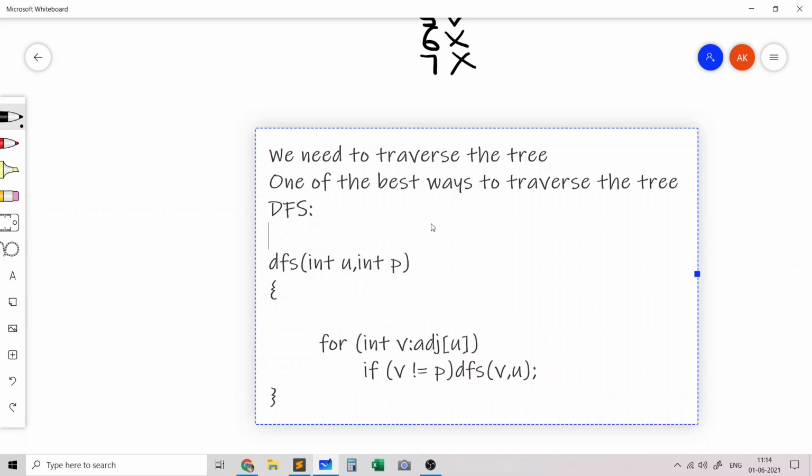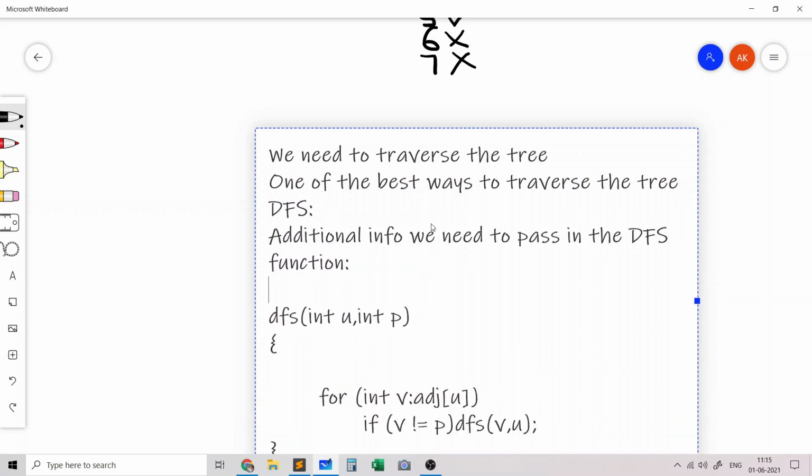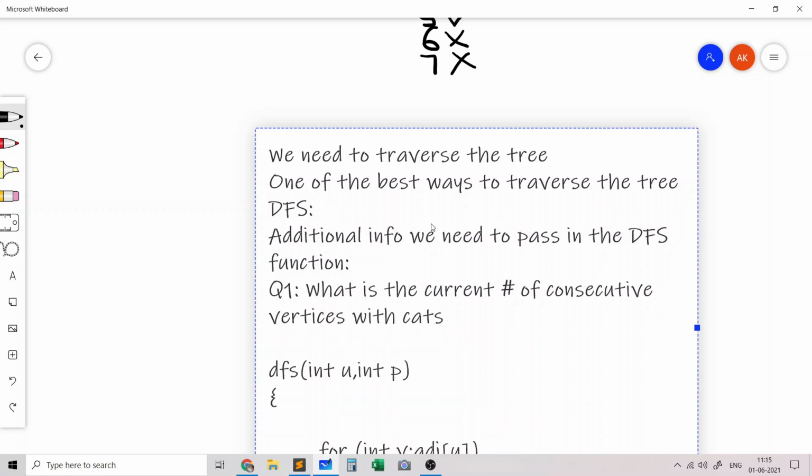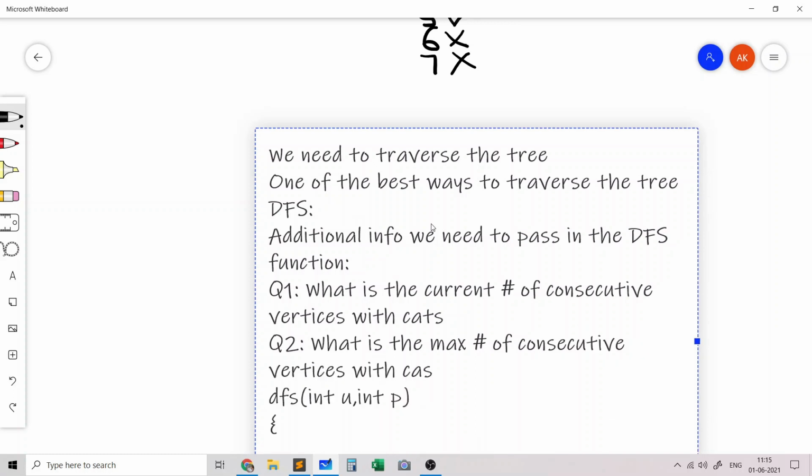Now the information we need to pass in the DFS function is: what is the current number of consecutive vertices with cats, and the second question is what is the max number of consecutive vertices with cats, and this is obviously from the path from 1 to u.